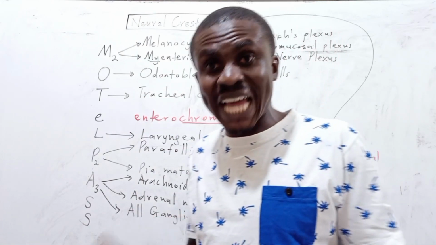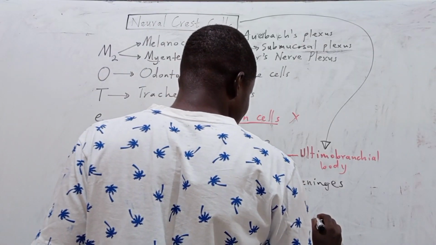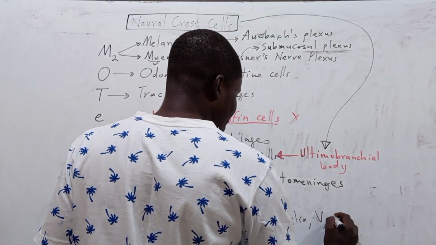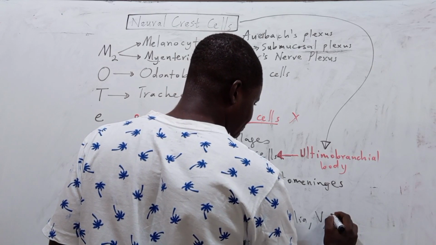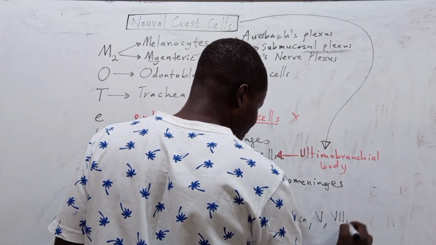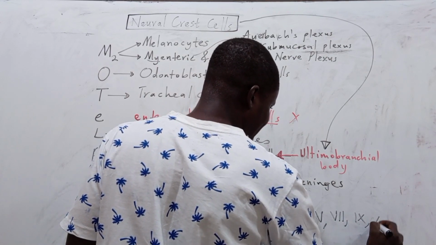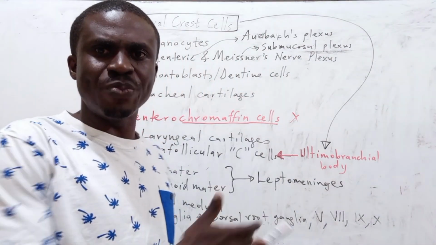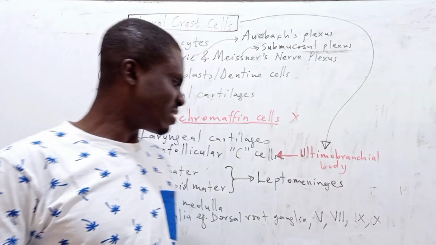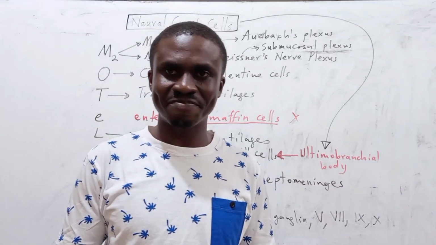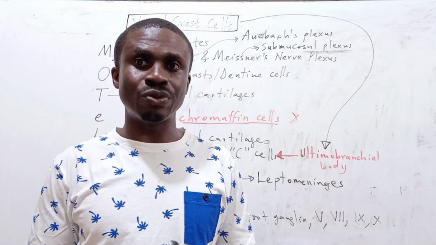For instance, sensory ganglia of cranial nerve 5, nerve 7, nerve 9, nerve 10, these will arise from the neural crest. That's one thing I want you to know.